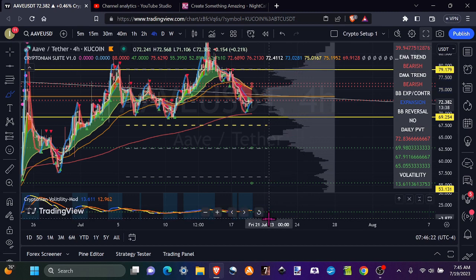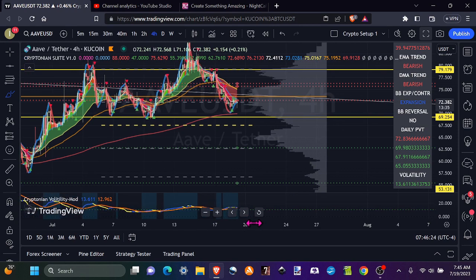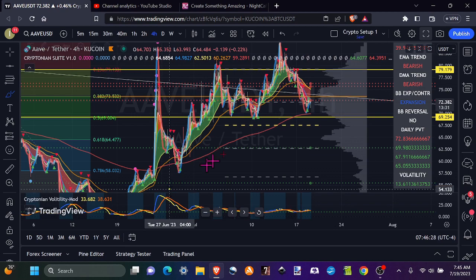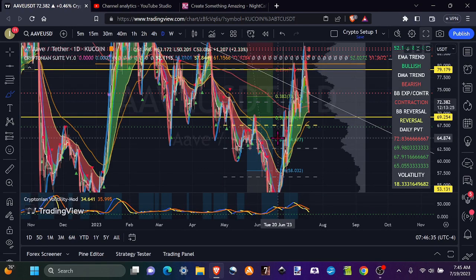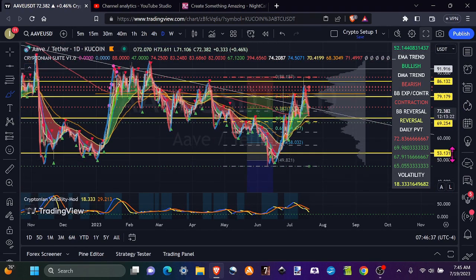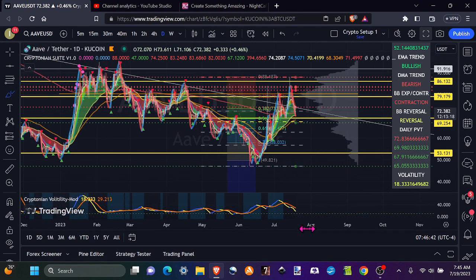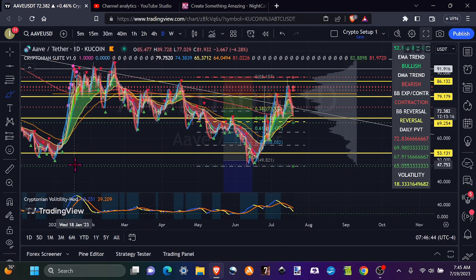I do expect AAVE to go sideways for a bit longer. We really need to consolidate here because we've had a massive move up. What it does look like on the daily is a huge consolidation area. See this? Huge consolidation area.